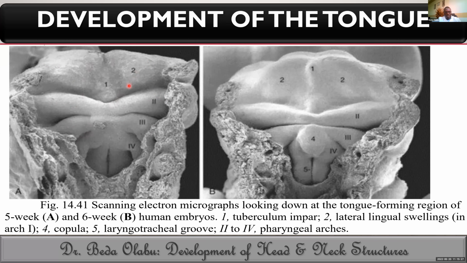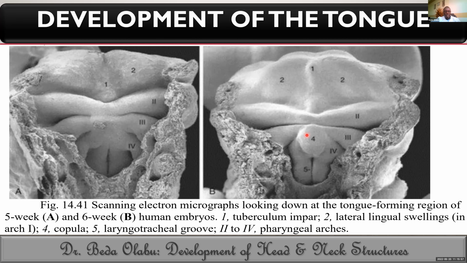On those arches, we see some swellings like the one labeled 1, another one labeled 2. And as time goes by, the one labeled 1 becomes that one, and the one labeled 2 is this. There's another one that appears somewhere here, which we can now see in this particular image, labeled 4 there. So these are the swellings that contribute to the formation of the tongue.